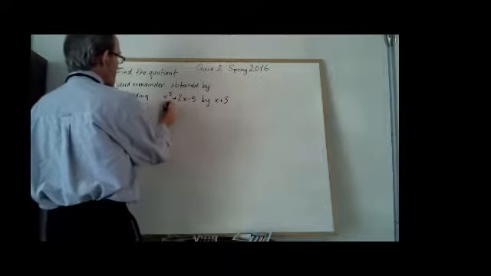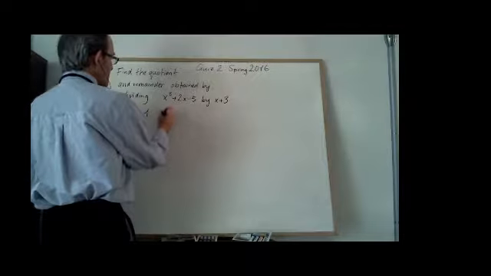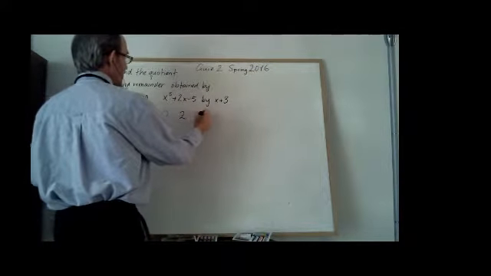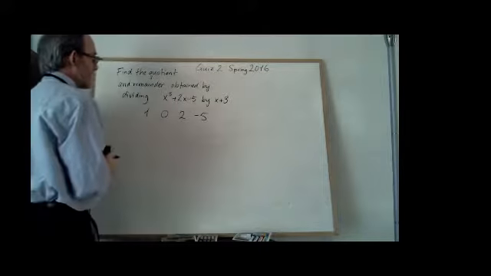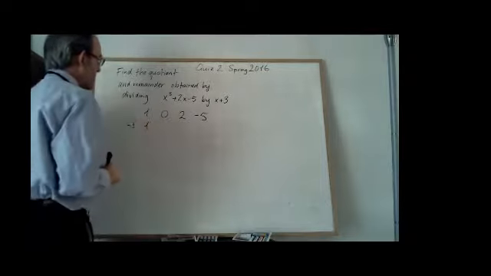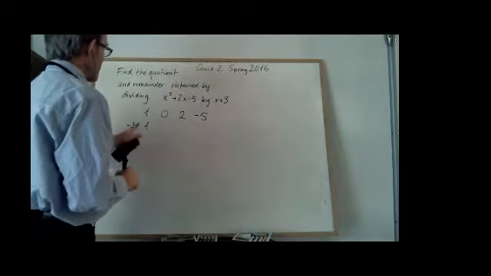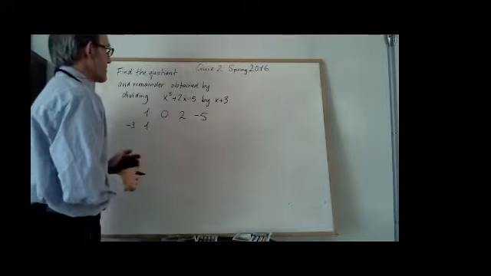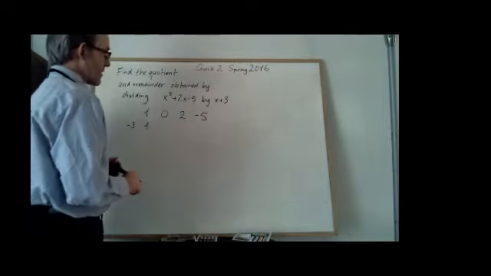Okay, so the coefficients are 1, and I have to skip 1 here because there's a 0. Put the 0 in. 2, minus 5. And I evaluate this at x equals minus 3. This will give me the coefficients of the quotient and the remainder, all in one operation.